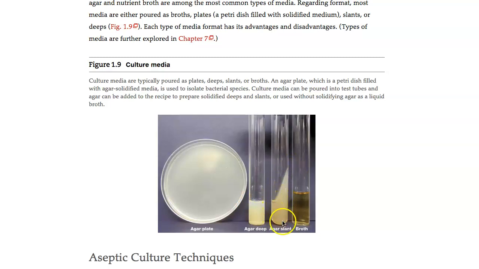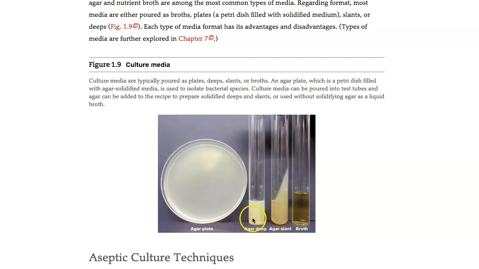And then over here we have a broth, which is liquid culture. So liquid culture is okay to use when we have pure microbes, pure cultures. But if we want to obtain a pure culture, then we want to separate out the different strains by forming individual colonies, whereas a colony of bacteria consists of the outgrowth of a single microbe when they're plated properly.